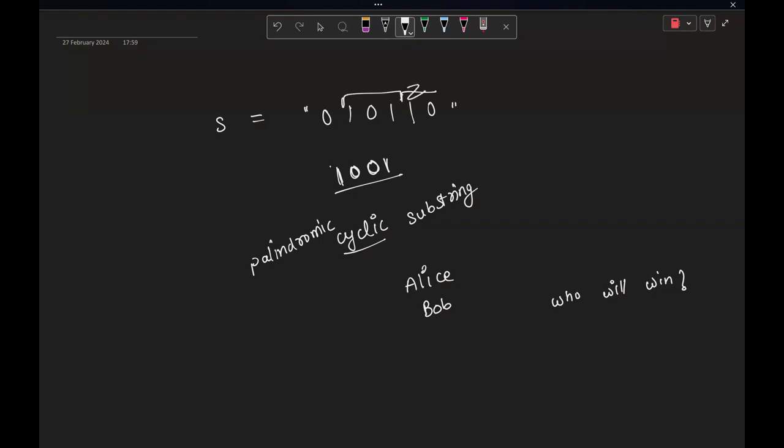But in the question, it is given that they can consider any substring of length greater than 1, so that would include two characters also. They can consider 0 and 1 also, and 1, 1. So how will that be palindromic? This is also palindromic, right? Yes. Okay, sorry, got it. This is also palindromic.